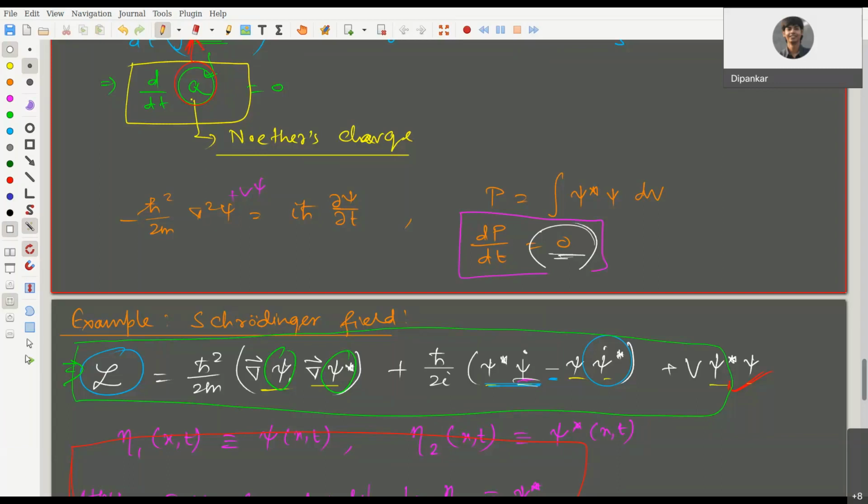From here, if you want to quantize this classical field theory, you need the equivalent of the Poisson bracket, which I did not have time to define here. Then you interpret certain things as operators, and you assign meaning, and what you get is quantum field theory.